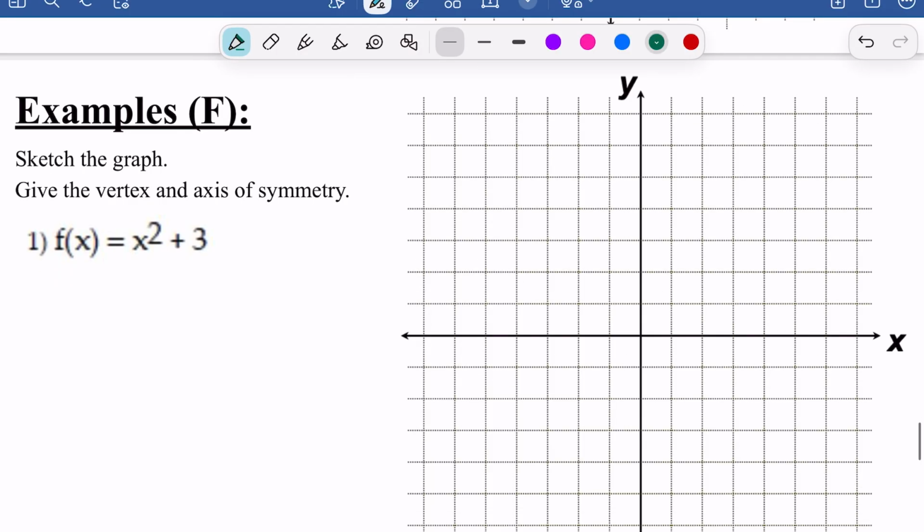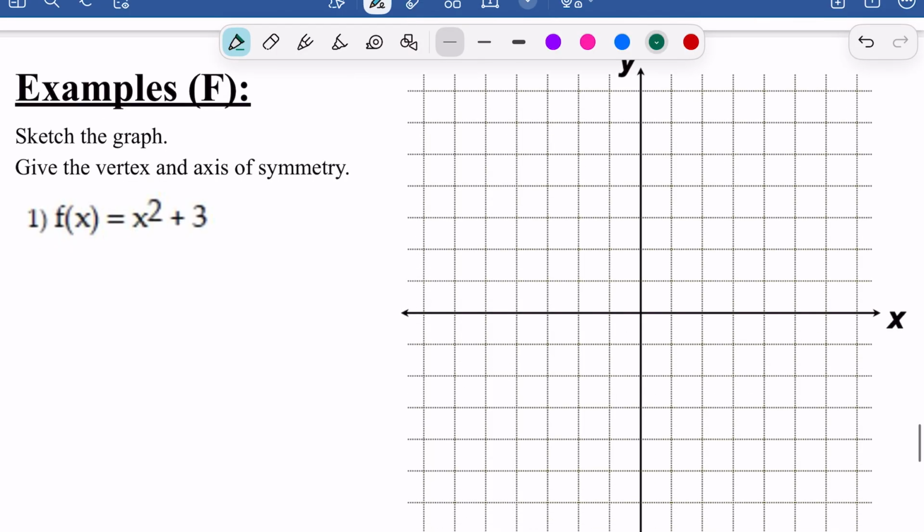Okay. All right, so let's look at an example where we could sketch this graph, give the vertex and the axis of symmetry. So we've got our parent function x squared, and then we're adding 3. So plus 3 at the end means it's going up 3 units. So our original vertex is at 0, 0.